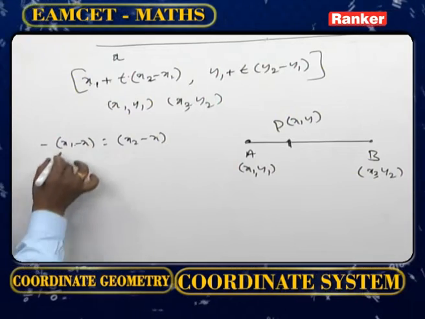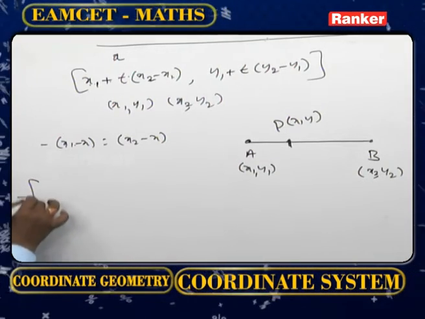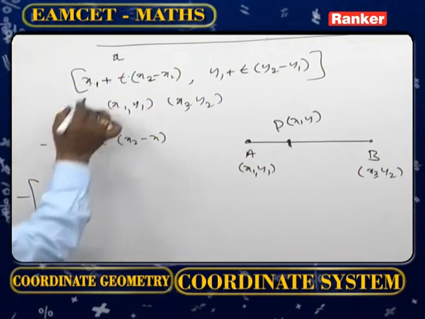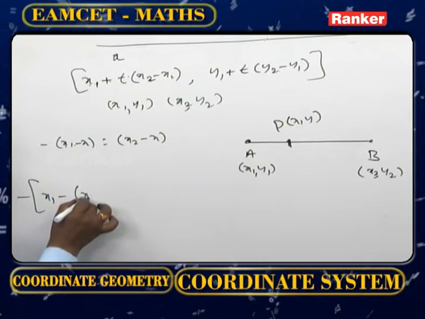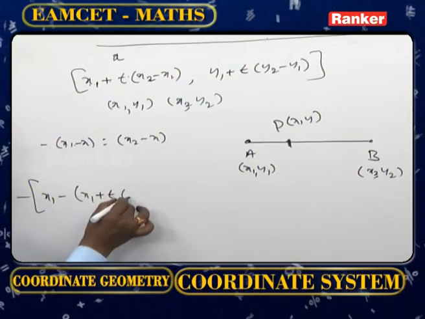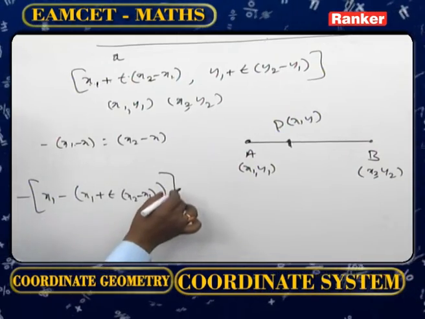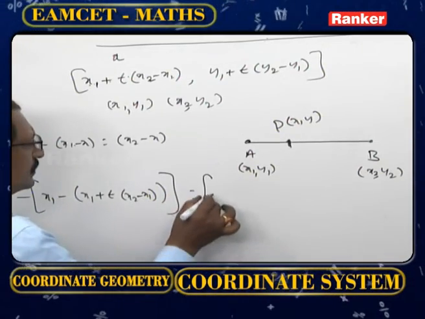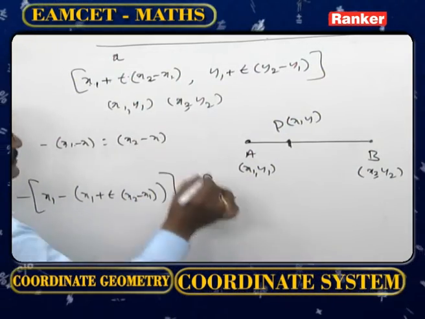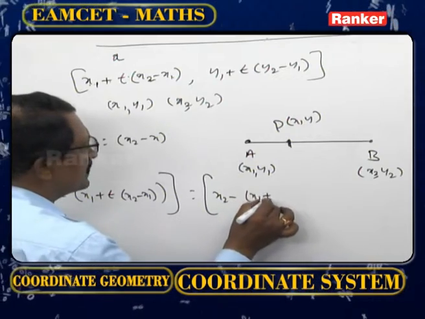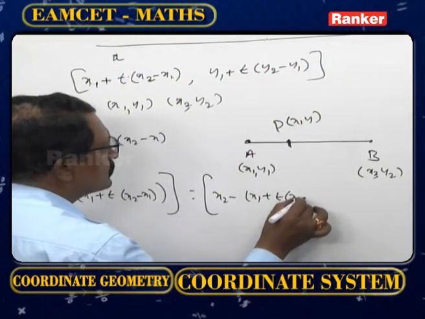Now substitute in the formula, we get minus of (x1 minus x) is to (x2 minus x), where x is x1 plus t into (x2 minus x1).